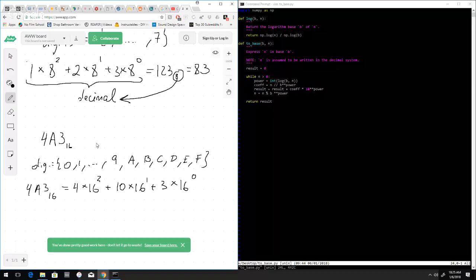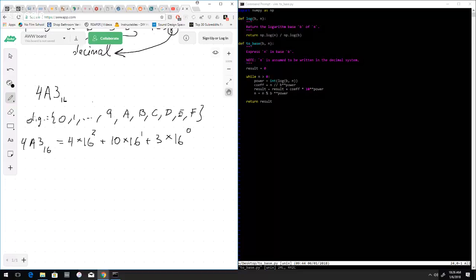If we wrote the address of the specific slot in the decimal system, the number would be huge. But in the hexadecimal system, we can use fewer digits to address the same memory location. Okay, so this is how we go from a number in any base to the decimal system.